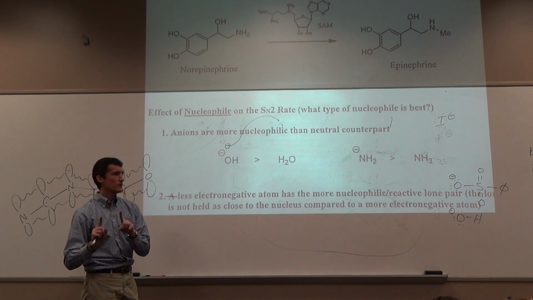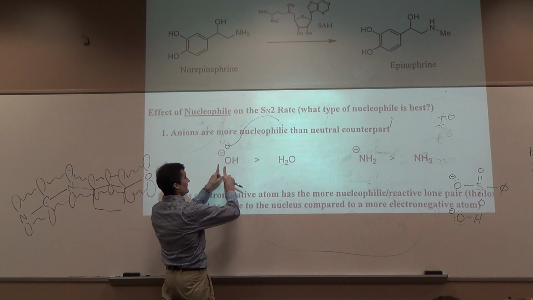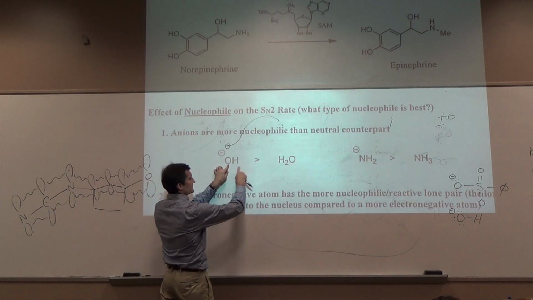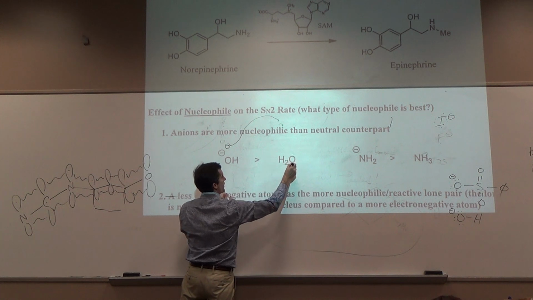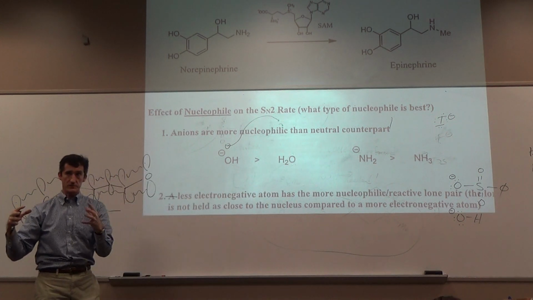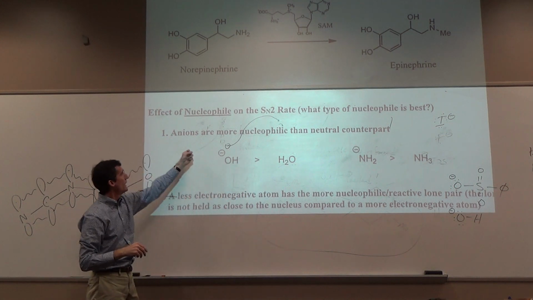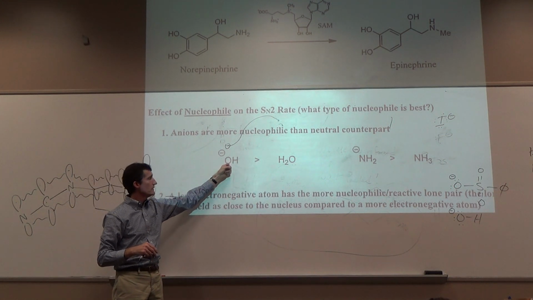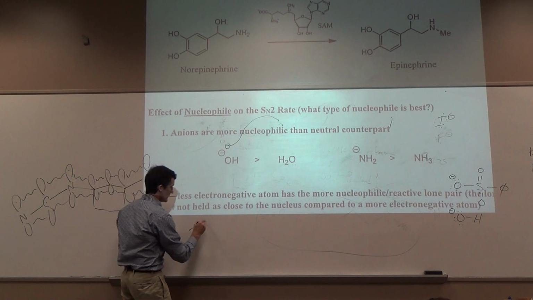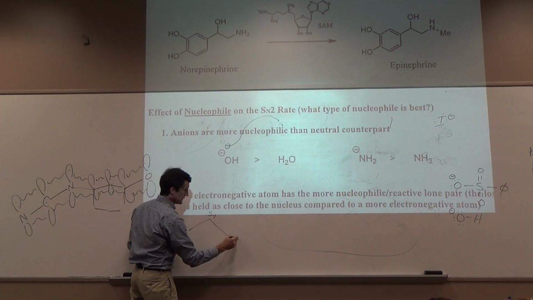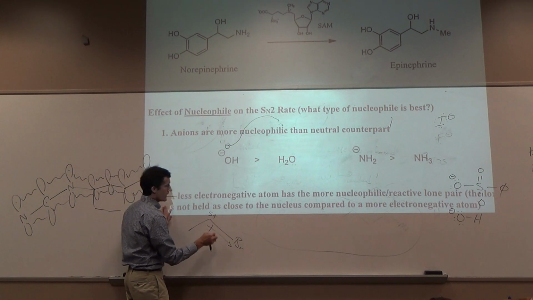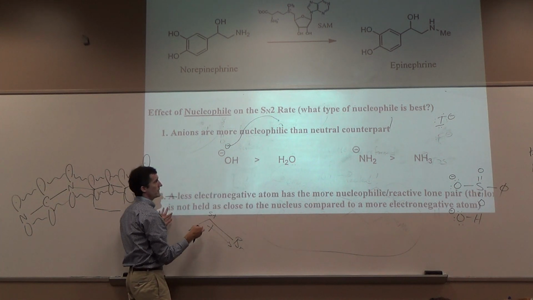But that's absolute consideration. Comparatively, which is a better nucleophile, hydroxide or water? Both of these are basically sources of OH. Which one's the stronger nucleophile? Anions are more nucleophilic. Remember, we've got a partial plus here. Which one's going to be more attracted to the partial plus?